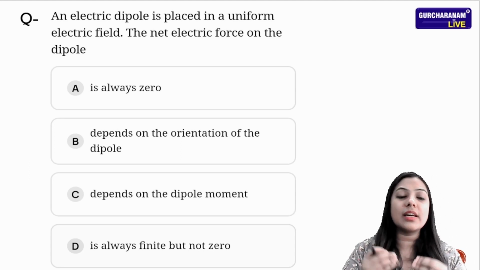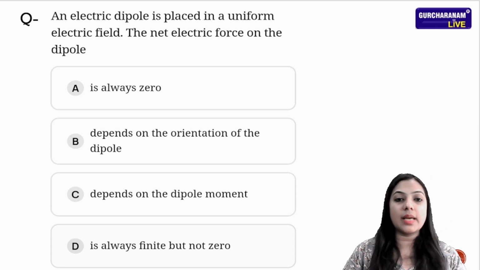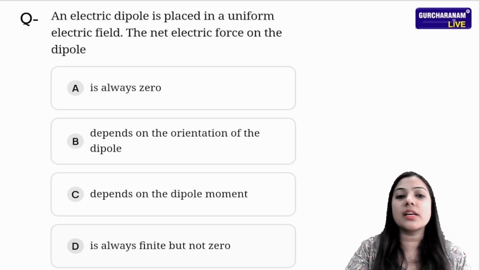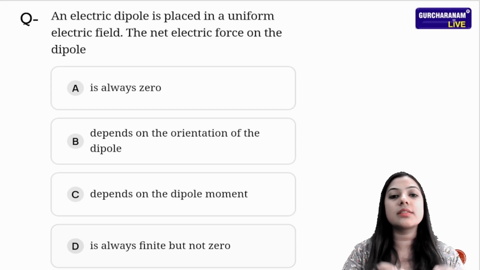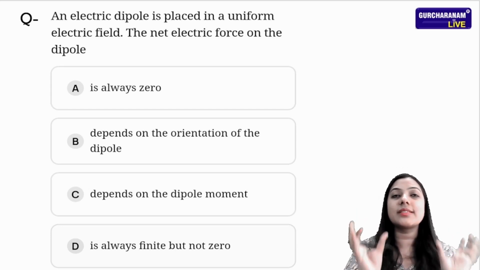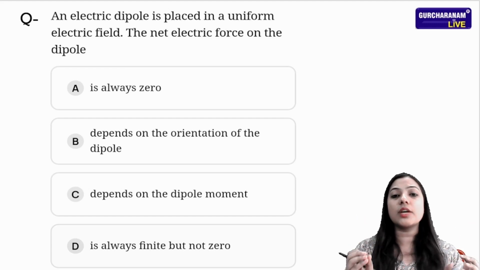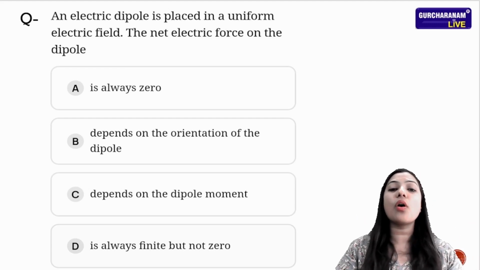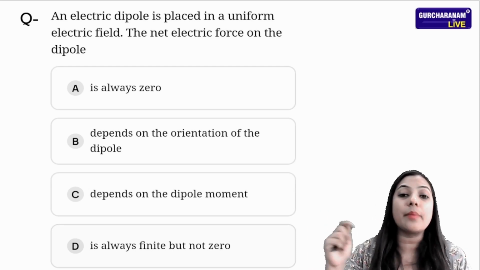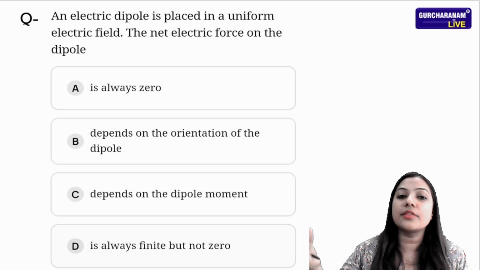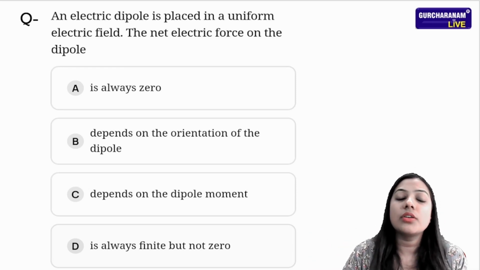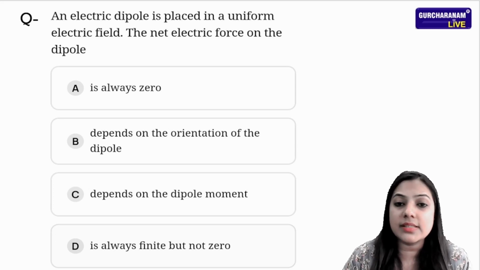There are some questions related to the electric dipole concept. Your first question is, an electric dipole is placed in a uniform electric field. That means a couple of charges, same in magnitude but opposite in sign, is placed in a uniform electric field. We have to find the net electric force on the dipole. Option A is it is always 0.